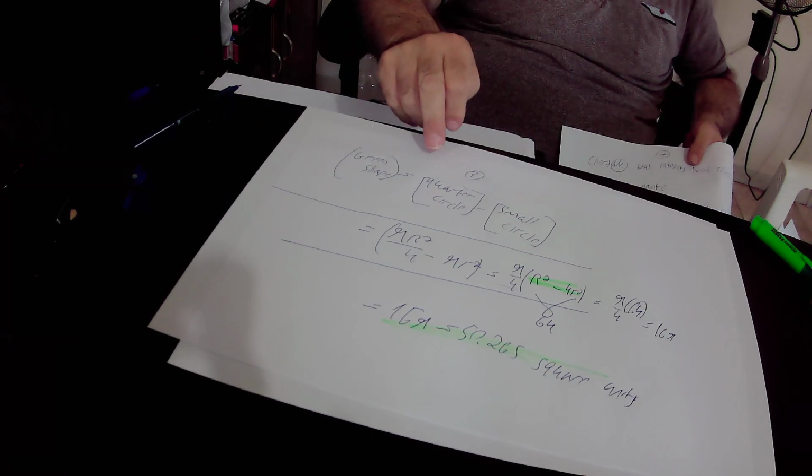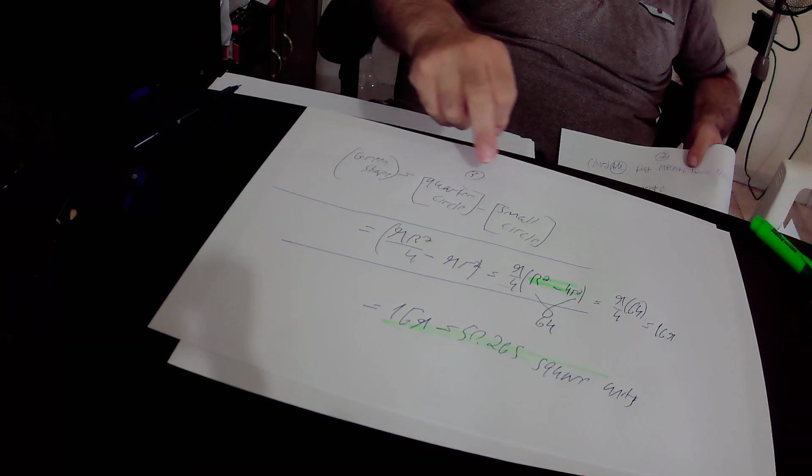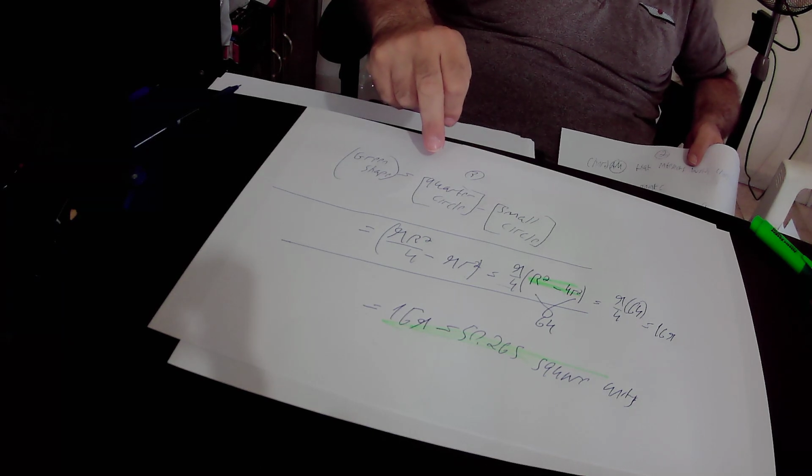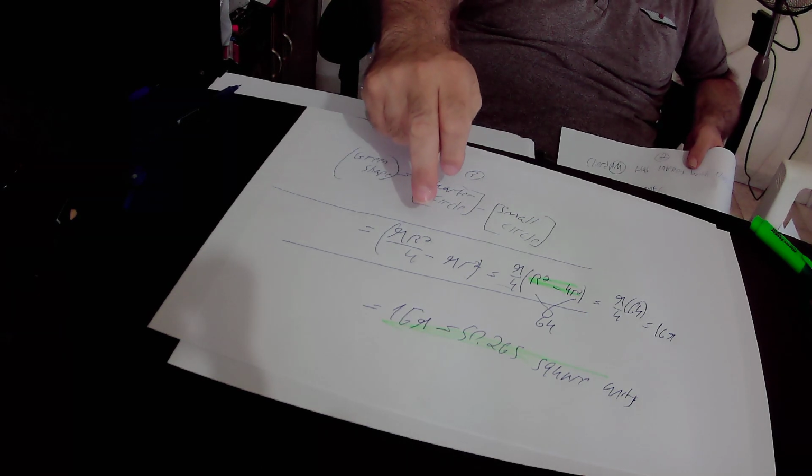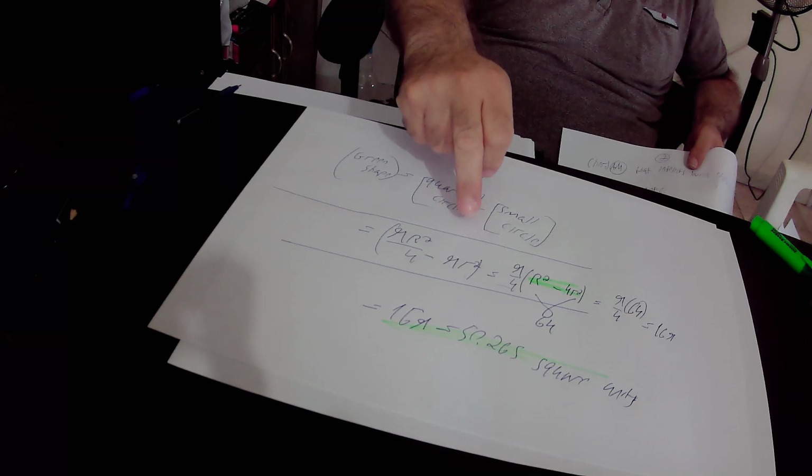The area of the green shape equals the area of the quarter circle minus the area of the small circle. The area of the quarter circle is pi capital R squared over 4, minus the area of the circle, that is pi r squared.